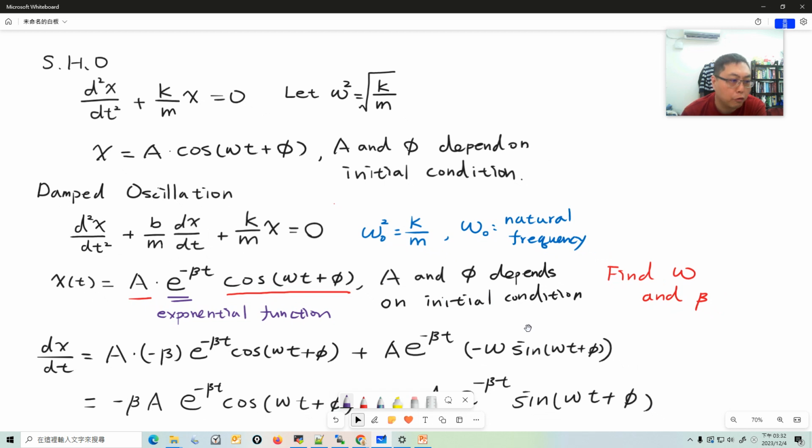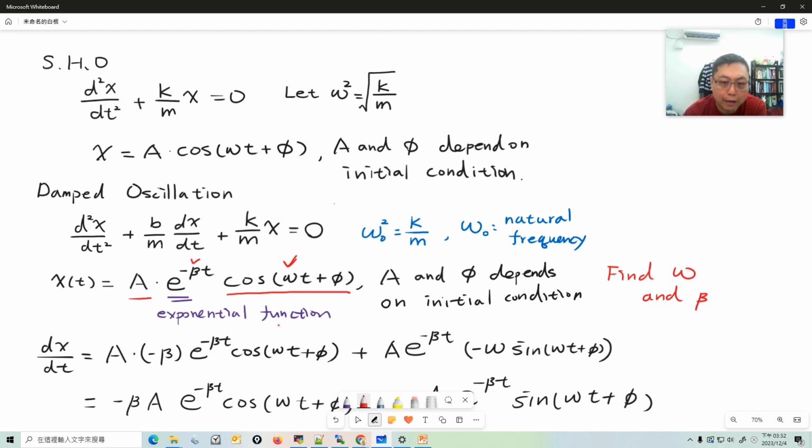What we are trying to find is our angular frequency in damped oscillation, and what is the beta? Because in our assumption there's a beta in front of time. We have to find the beta, and we have to find the angular frequency in the damped oscillation.